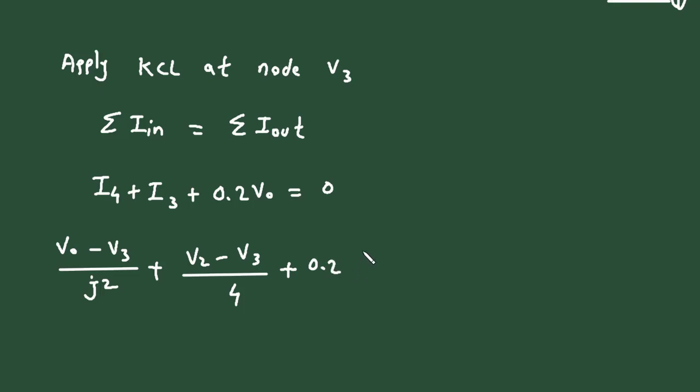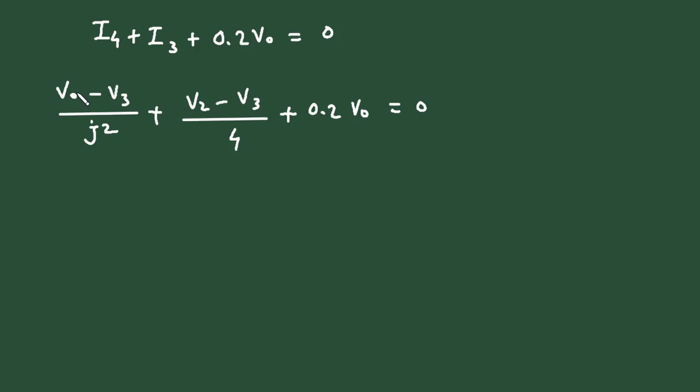0.2 into VO. So we can write this VO as it is equal to 0. Now let's simplify this. First we will take this VO common. So VO in bracket 1 upon j2, then plus 0.2, then plus V2 common.